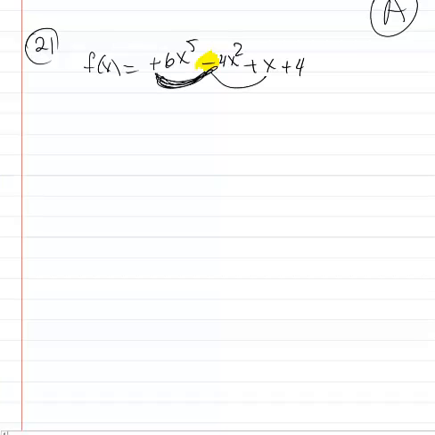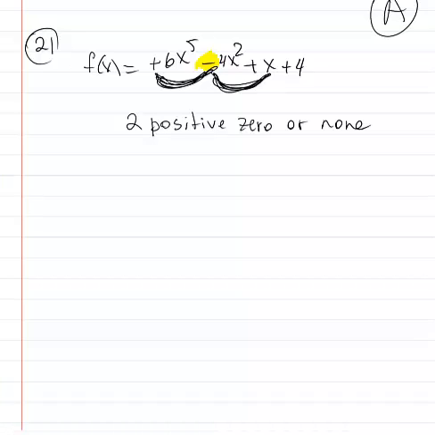And then from minus to plus, that's also a sign variation. So there are two variations, which means you can expect to have two positive zeros or none, because it's either equal to the number of sign variations or smaller by exactly an even number. So, two positive or none.